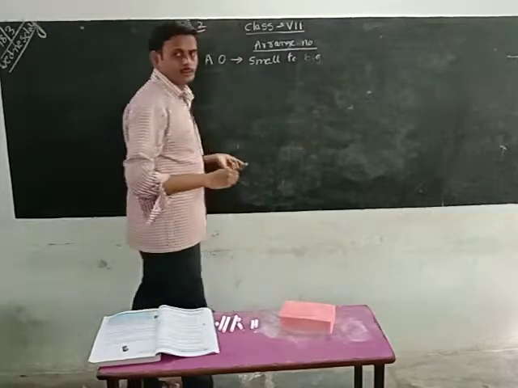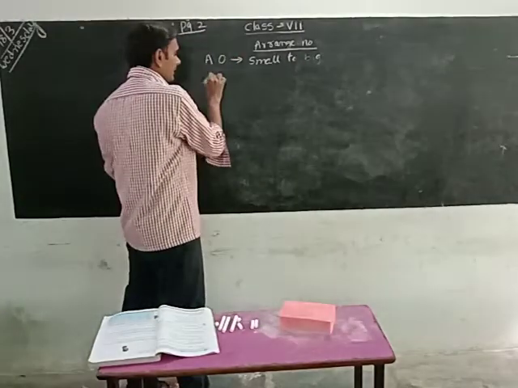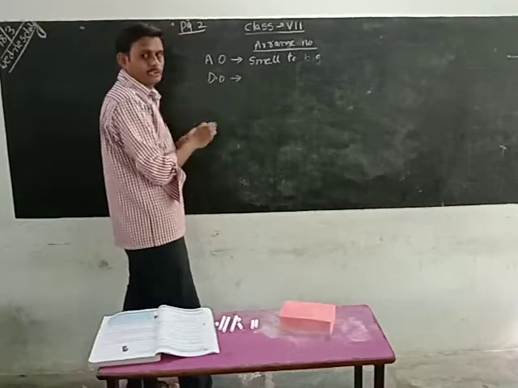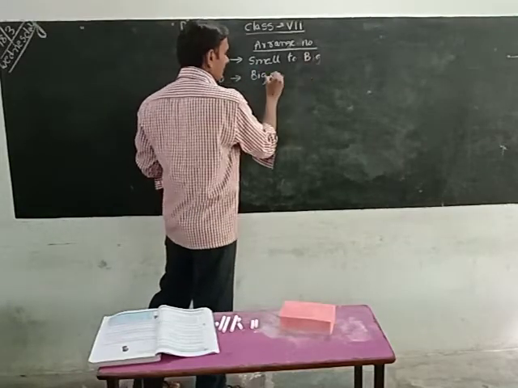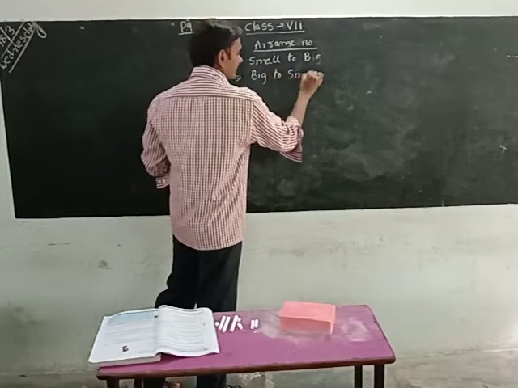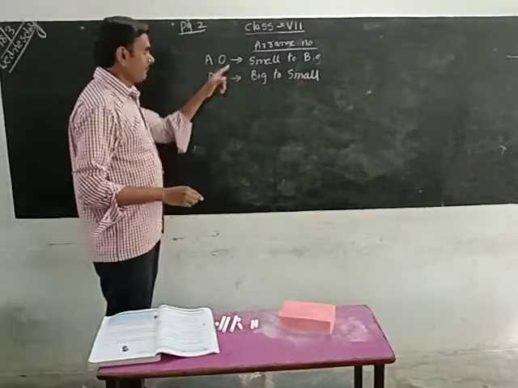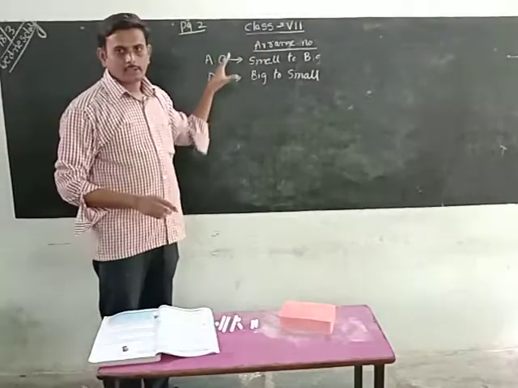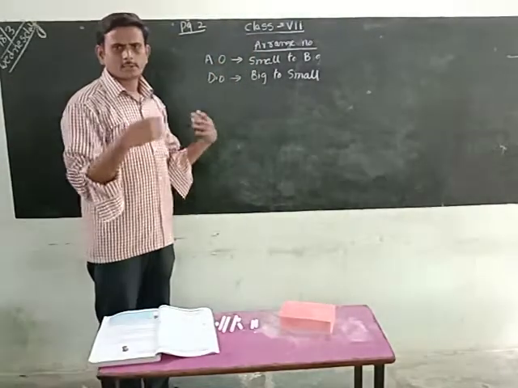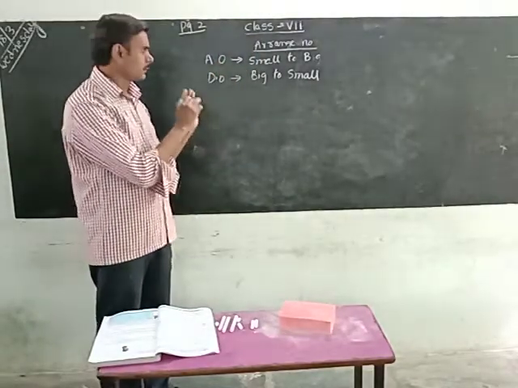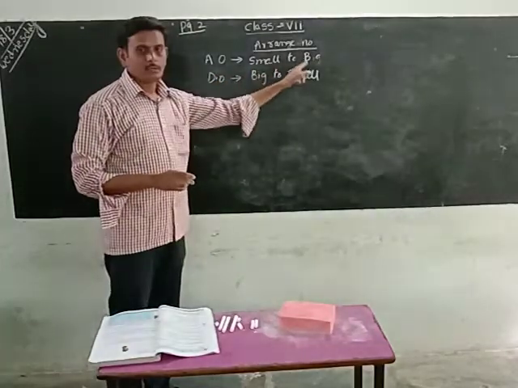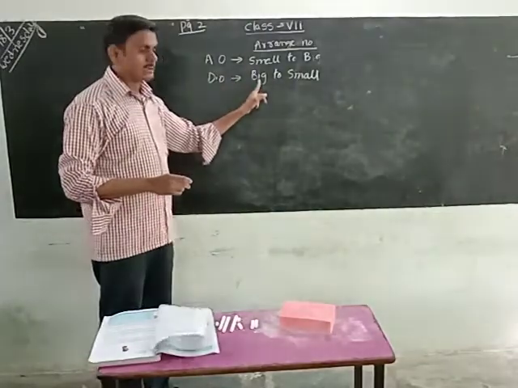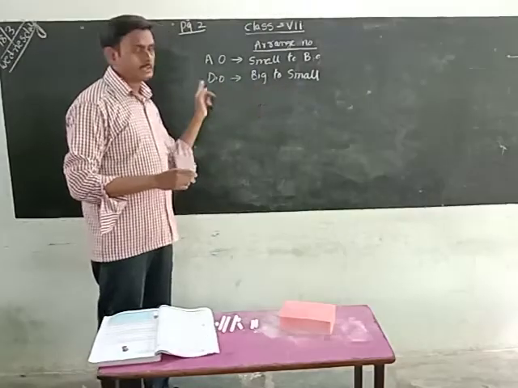Descending order means arrange the numbers big to small. Whenever integers also, same only. Arranging the numbers from small to big is called ascending order. Arranging the numbers from big to small is called descending order.